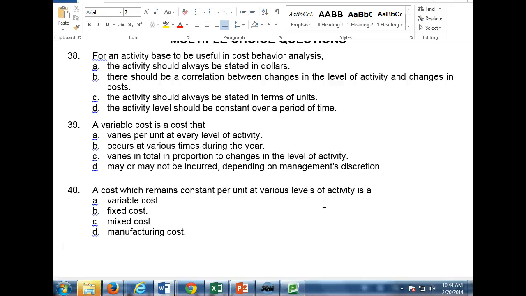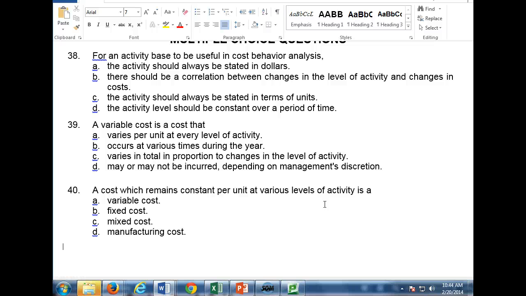Guys, fixed costs remain constant, but when we talk about per unit of activity, as we get more units of activity, fixed costs go down per unit of activity, don't they? But do variable costs stay the same per unit no matter what? They do. It's confusing. Variable costs are constant with each unit, but they vary as the number of units go up.